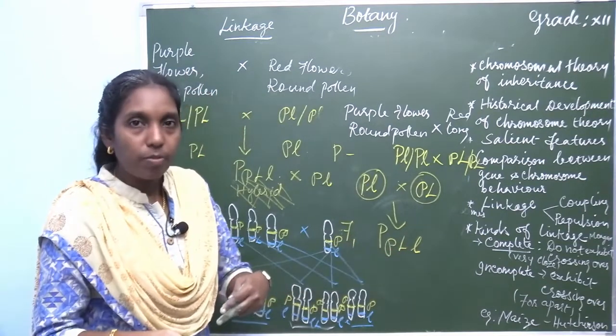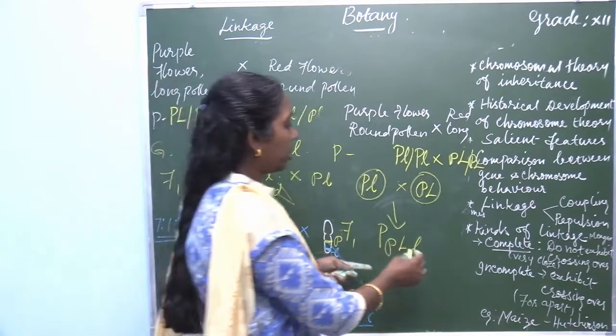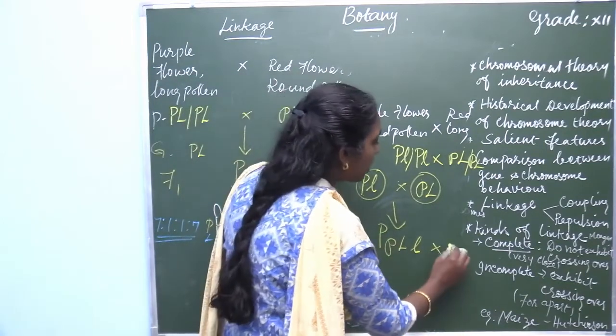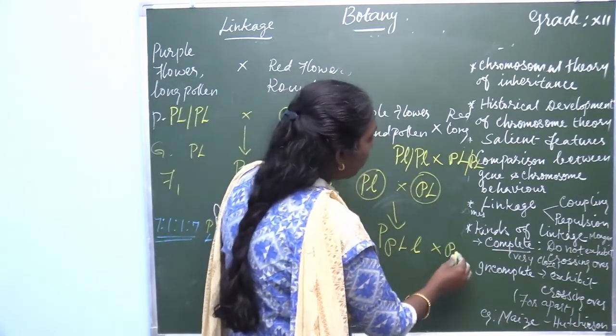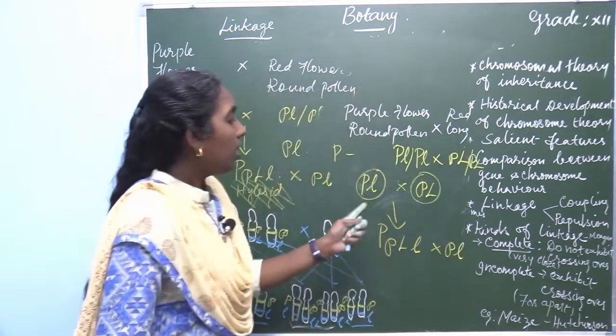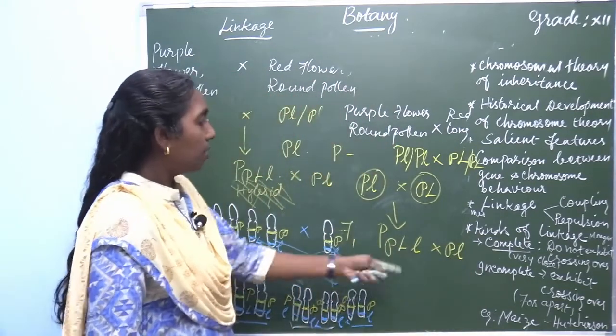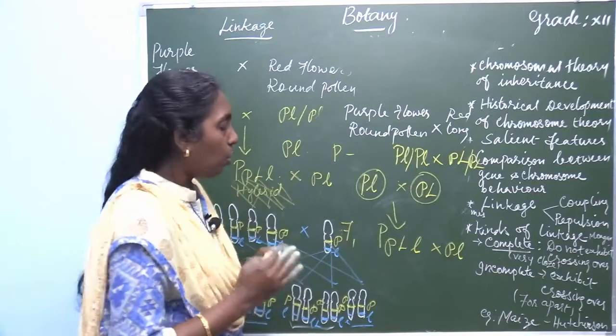When this undergoes a test cross with the pure recessive, small p small l, it gives the ratio. What are the combinations?